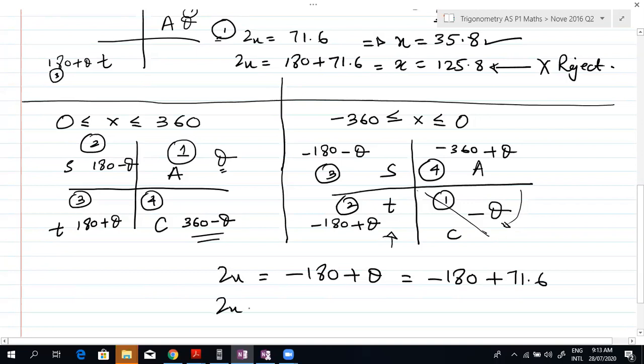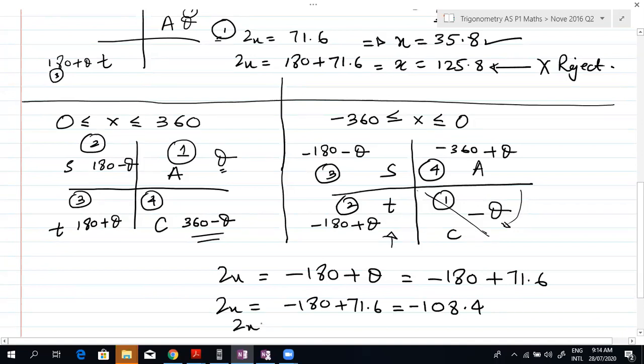So 2x is equal to minus 180 plus 71.6, which would give you negative 108.4.